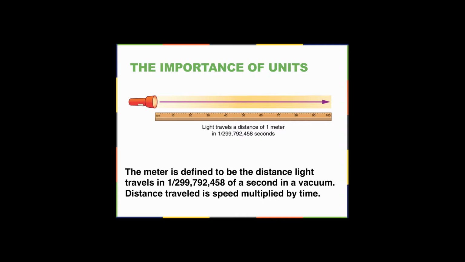Now, fundamental units have very specific and interesting definitions. For example, the meter is defined as the distance light travels in a very short period of time, shown on this slide, in a vacuum, because the speed of light is mildly different in a vacuum versus in other media.